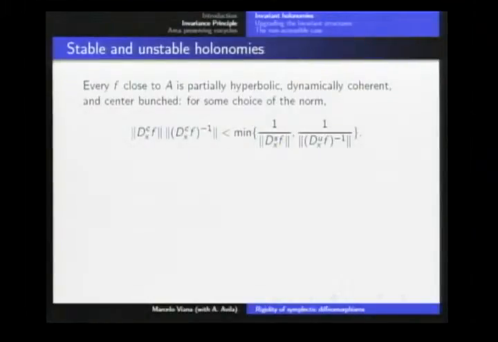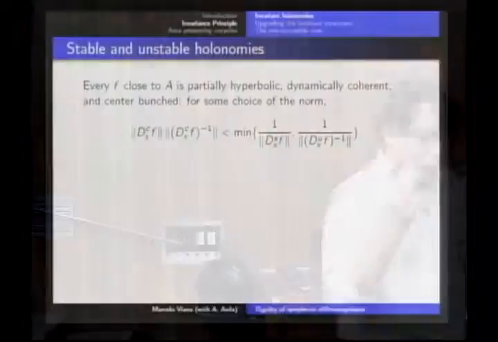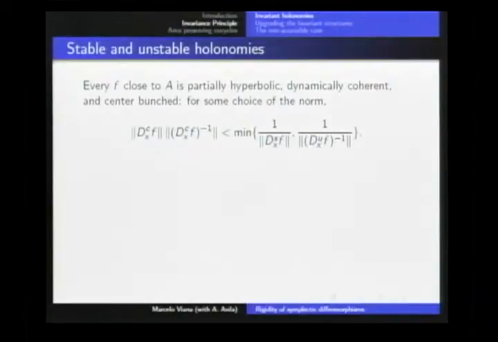I'm taking the inverse, so this number is bigger than 1. And this is the same thing for the unstable, except that we take the inverse. So both these numbers are bigger than 1. I take the minimum, it is still bigger than 1. So for A, this inequality is obvious because the left-hand side is 1. By perturbation, this remains true.